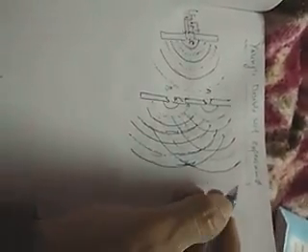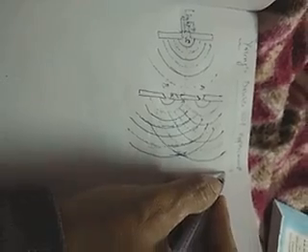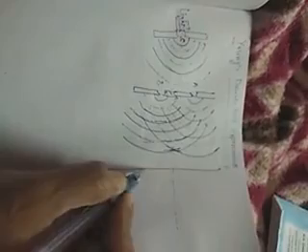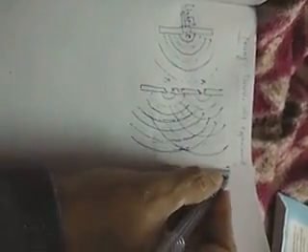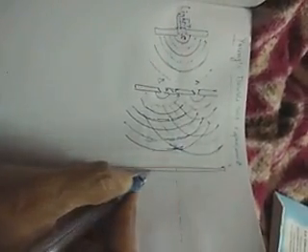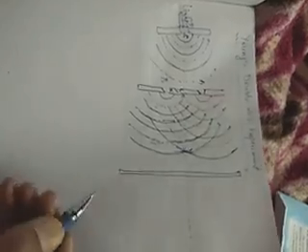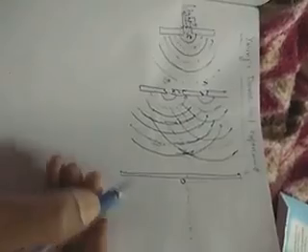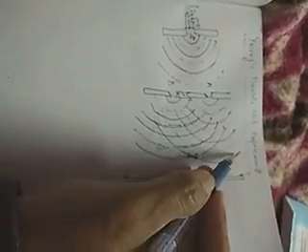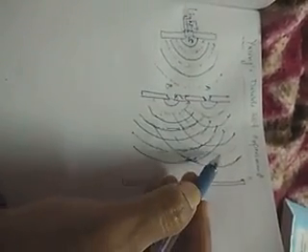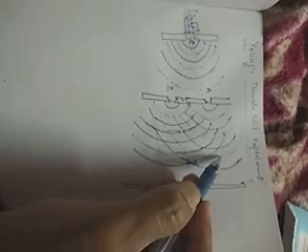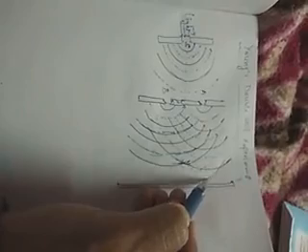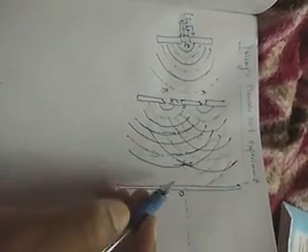Suppose we have the screen somewhere here at a distance of 10 meters, and this line represents your screen. Let this O be the center of the screen. We will have a crest somewhere here, and a trough somewhere here, a crest here.